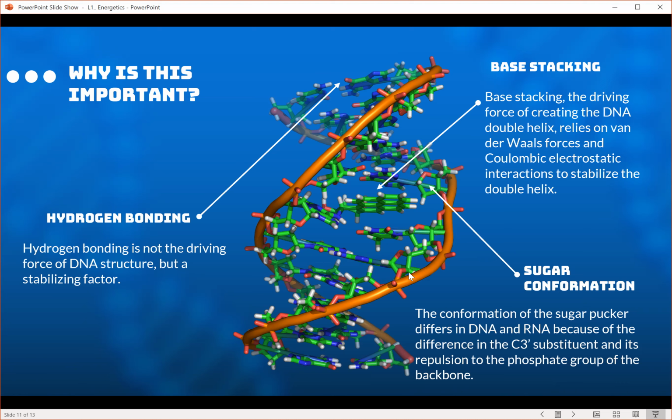And all of this is explained through intermolecular forces. So while the primary structure is denoted through covalent bonds, the 3D structure is largely governed by these non-covalent interactions.